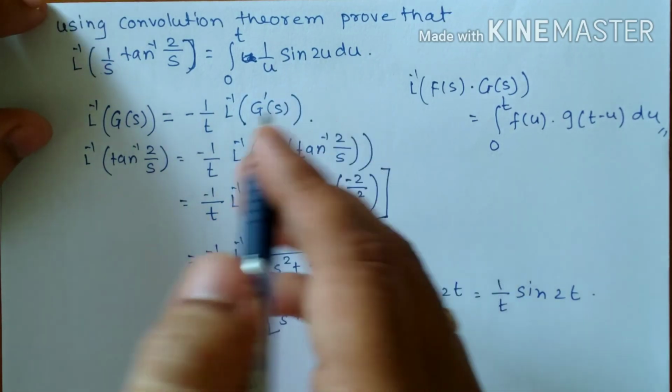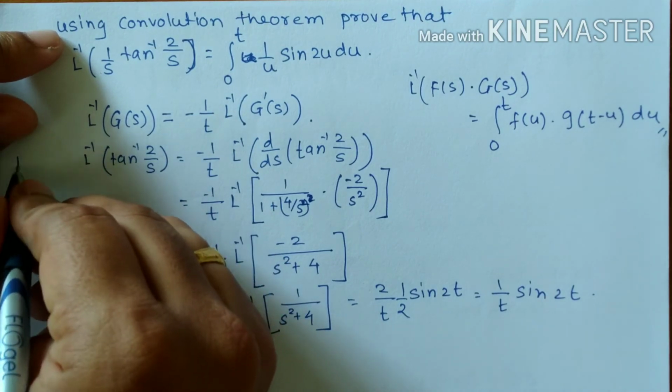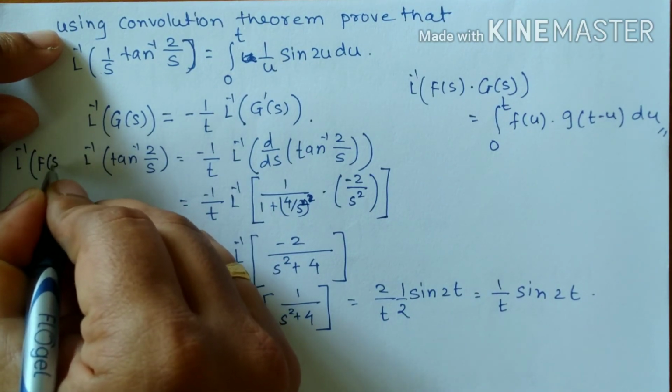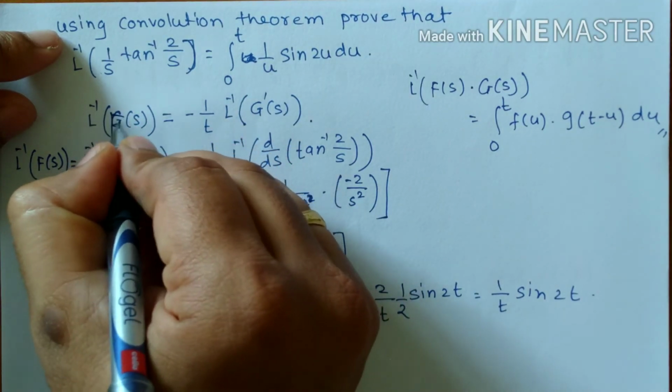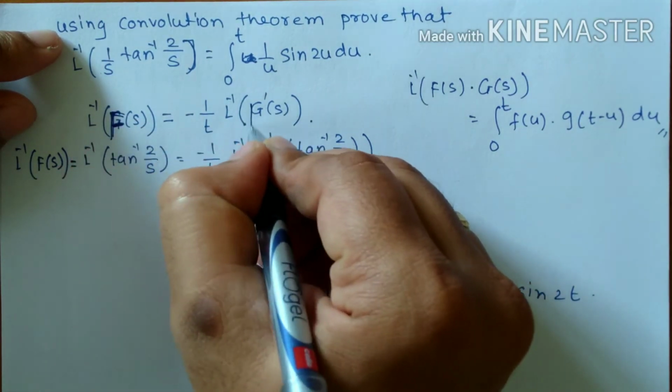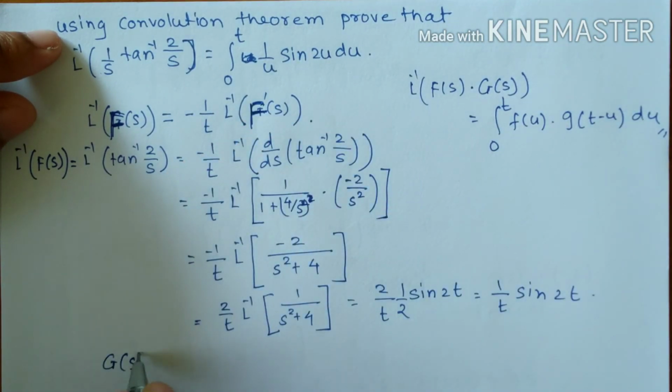So that's why what we do is, we call this capital F of s. I will write this property for capital F of s specially. And what is my capital G of s? Capital G of s is 1 upon s and its inverse Laplace is 1.